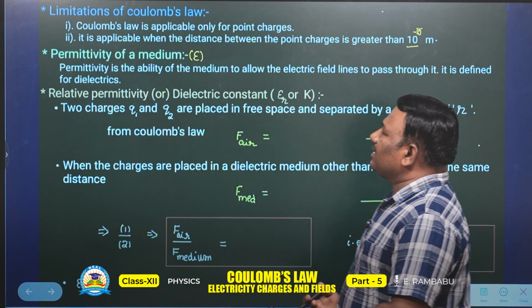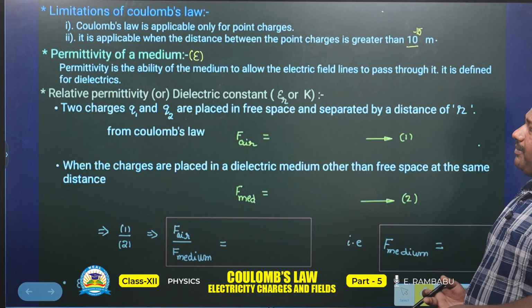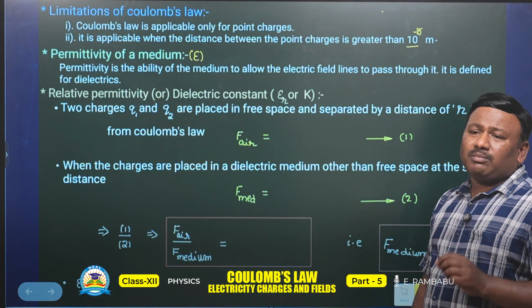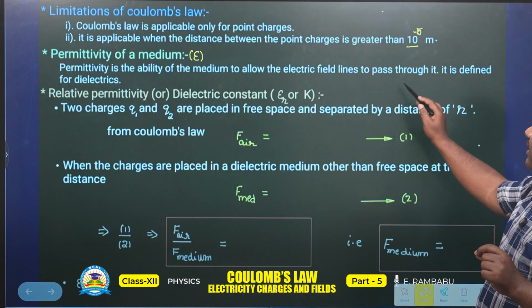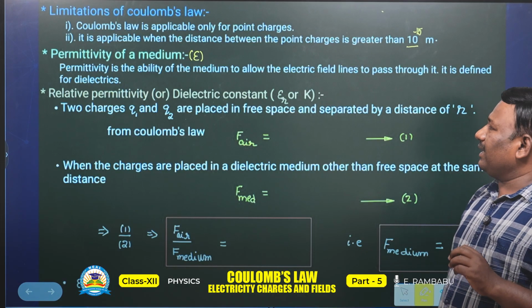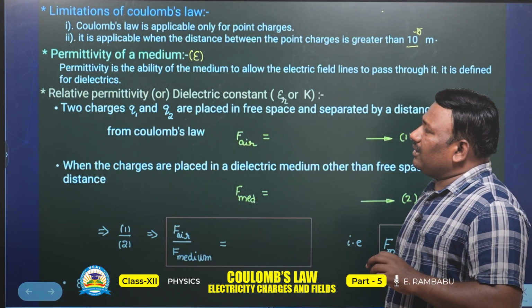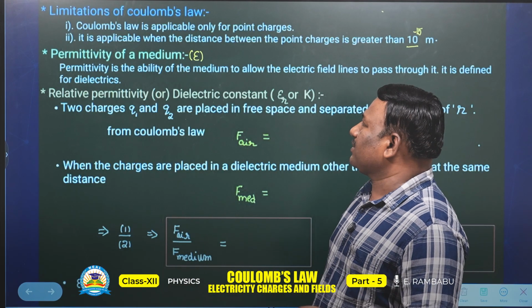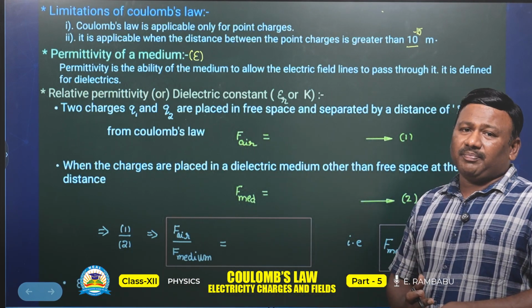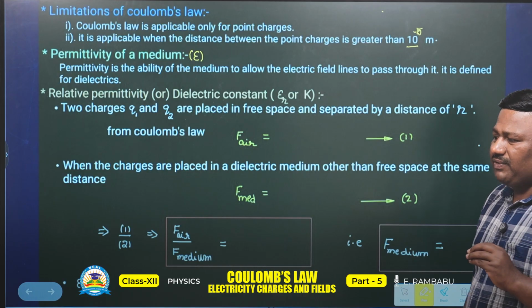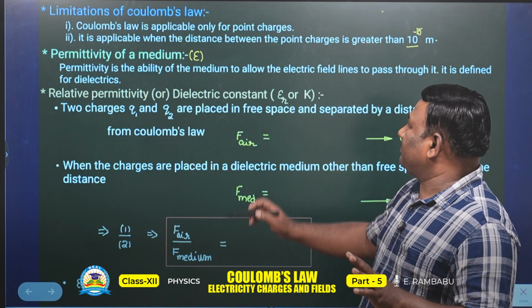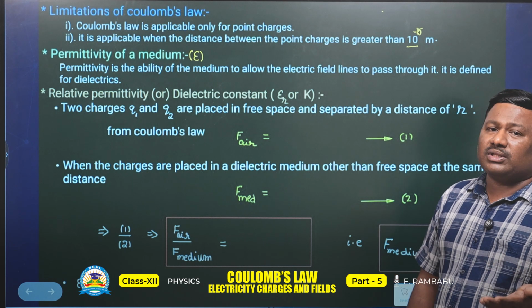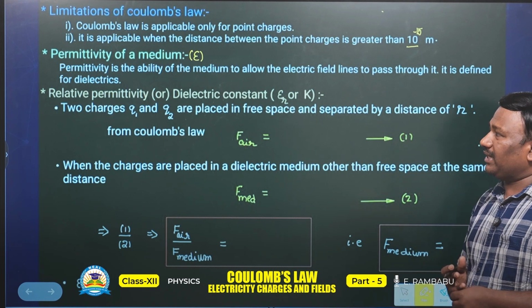It is the ability of the medium to allow the electric field lines to pass through it. It is defined for dielectrics. If you want to define dielectrics, we use the permittivity of the medium. So it is the ability to allow the electric field lines through it.